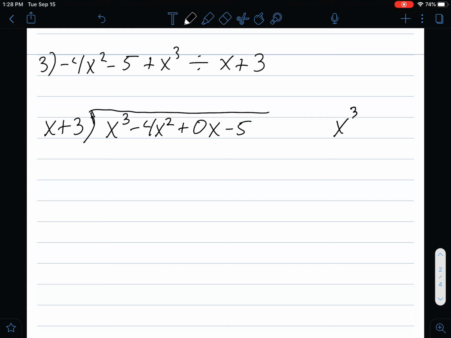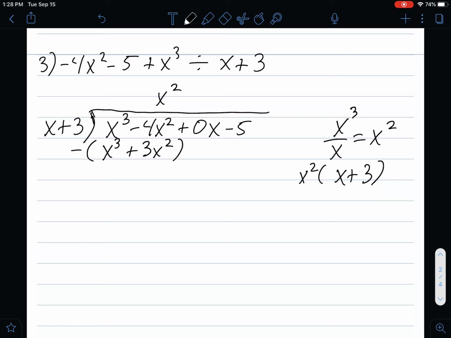X to the third divided by x is equal to x squared. So let's put that above the x squared slot. And now let's multiply. X squared times x plus 3 is going to be x to the third power plus 3x squared. So now we can flip everything.